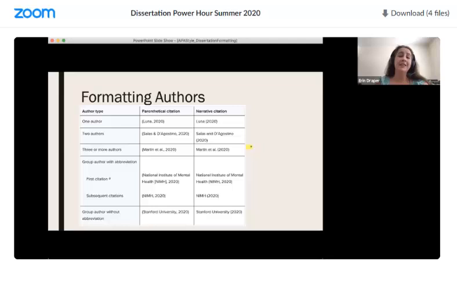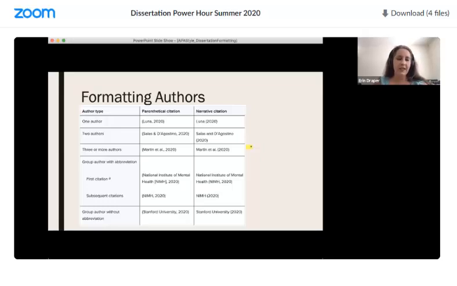Starting with 7th edition, anytime you have 3 or more authors, you skip straight to et al. from the very first mention, which is kind of exciting because that just saves you some typing, if nothing else, and then having to go back and remember, is this the first time I cited them? Did I cite them before? Now I've made some edits, and so this wasn't the first time I cited them, but now maybe it is, and not having to worry about that will be exciting, I think. It sounds great for me, thinking back to my grad school days.